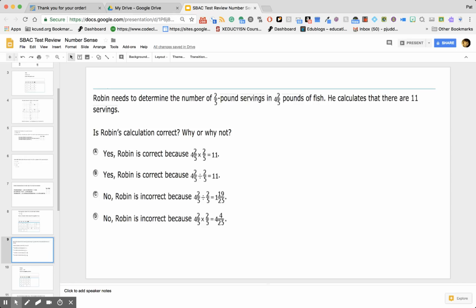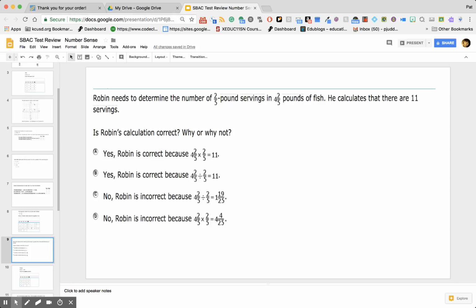So, 2/5 pound servings in 4 2/5 pounds of fish. Which one of these statements would be correct, and why or why not? Pause the video here. Take about 2.5 minutes.